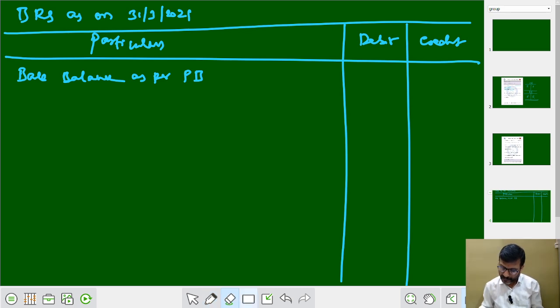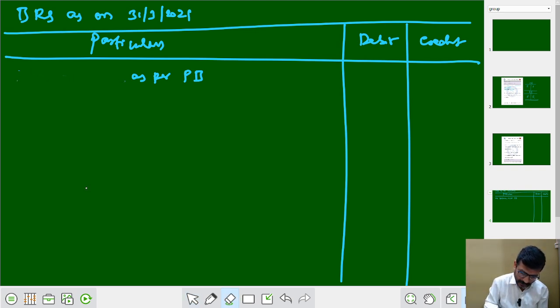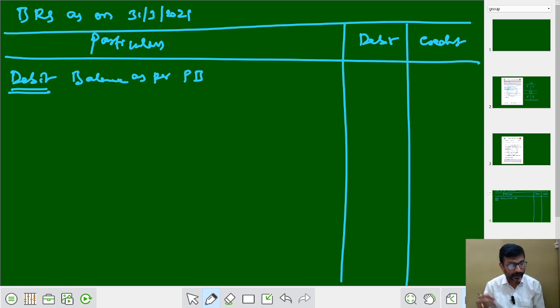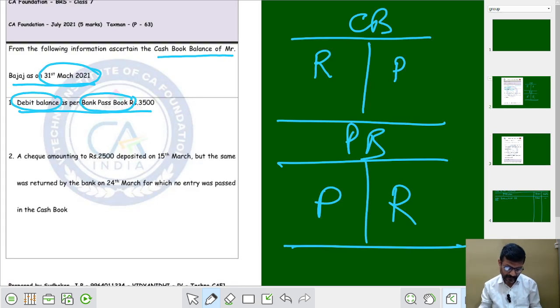What they have given is the debit balance as per passbook. See, when it is mentioned debit, we have to take it on the debit side only. It is the first entry. The amount is 3,500 on the debit side. Okay, fine. Let me move on to the next one.